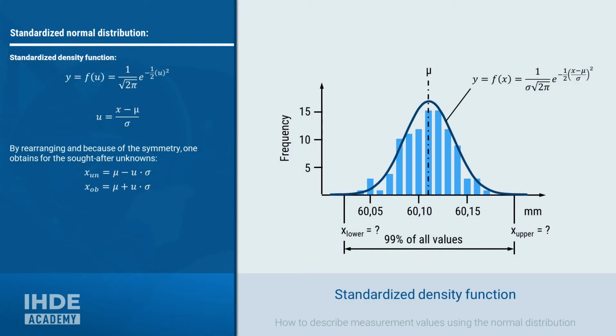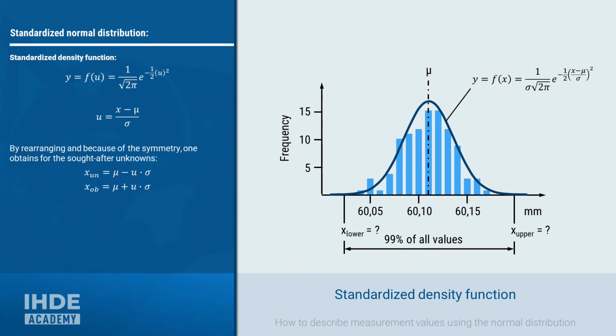As a quick reminder, x is the limit we are looking for. To be able to calculate x, the expression x minus mu divided by sigma is equal to u must now only be transposed to x. As can be seen below, one then obtains for the lower limit, x lower is equal to mu minus u times sigma, and for the upper limit, x upper is equal to mu plus u times sigma.